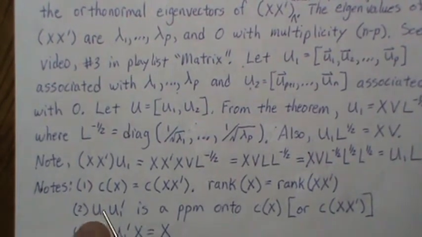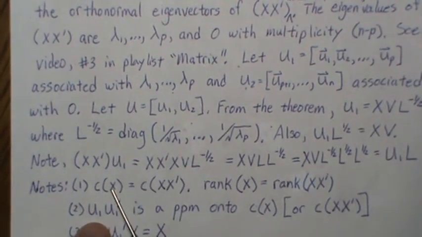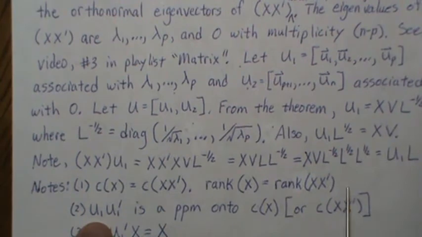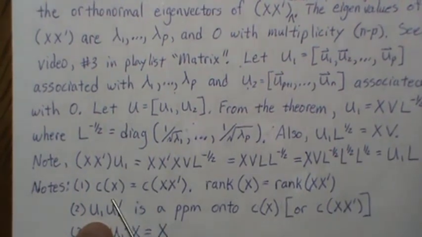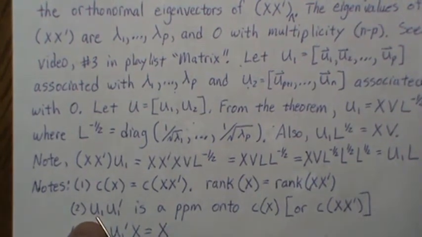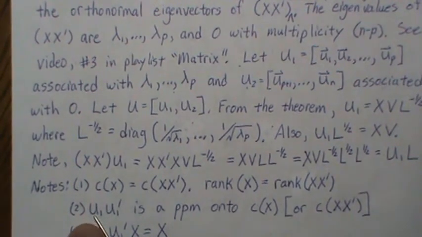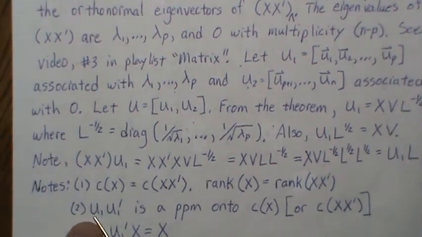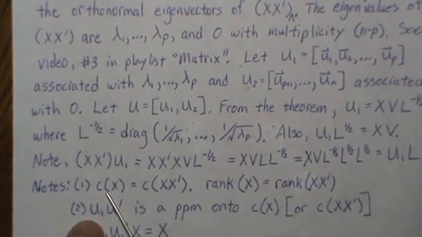So the rank of this is P, right? So we said it has rank P. So if we take a basis, or P orthonormal eigenvectors, this forms a basis for this column space. Right?